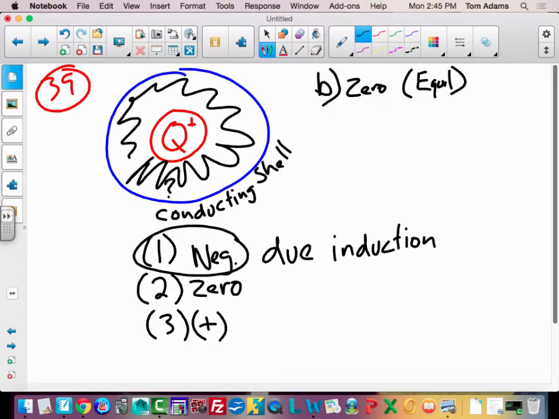Well, the surface of the sphere should be a positive Q, because an equal amount of negative charges was sucked into the inner shell, so there should be a remaining positive Q. Does that make sense? Then part D says the inner surface of the interior shell. Well, that should be a negative charge of Q.